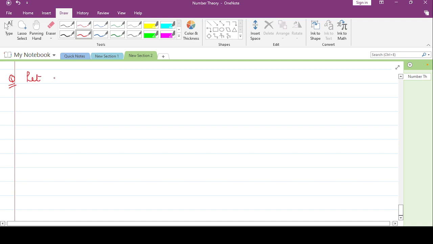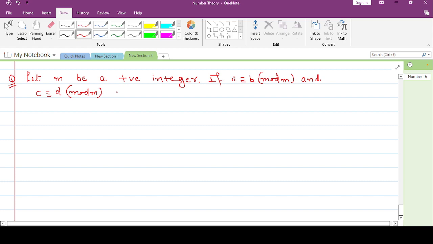If a is congruent to b modulo m and c is congruent to d modulo m, then number one rule is this: a plus c is congruent to b plus d modulo m.